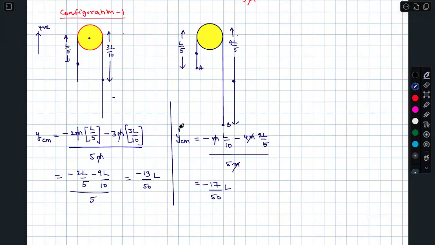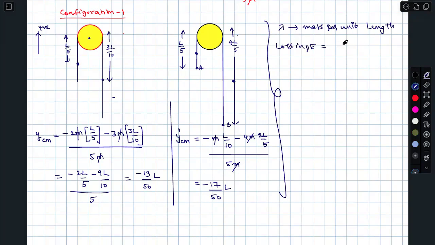So there is a loss in potential energy of the system. What is the loss in potential energy of the system? Lambda stands for mass per unit length. Loss in potential energy is gain in kinetic energy.